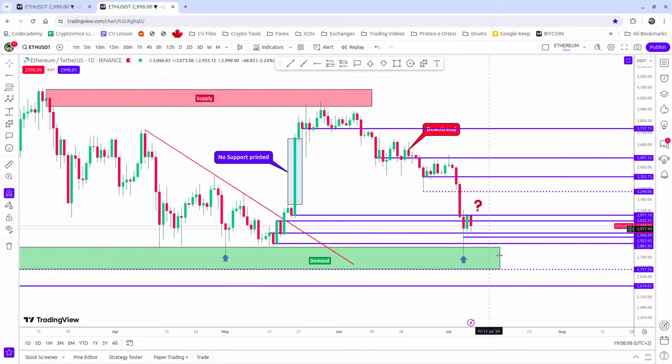Yeah, so for Ethereum, the two levels to watch are 370 for the breakout here, 370, and keep an eye on 2950 for a support. It's doing the same thing as Bitcoin. It's bouncing up and down right here, so we might see some accumulation again before going either up or down.